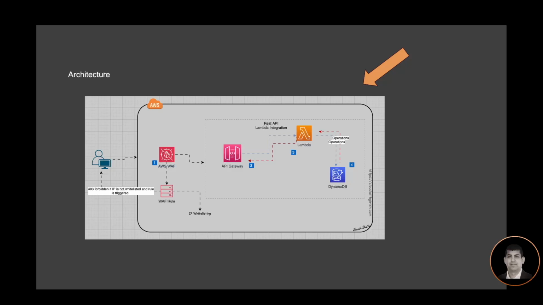We are putting an AWS WAF in front of the API gateway, and there is a rule which is using an IP set. The IP set has the IPs listed which are whitelisted, and if the IP is not whitelisted, then access to this API will not be provided.